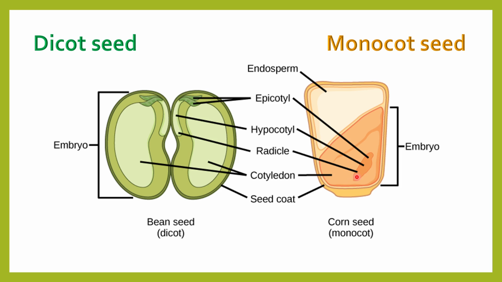This is the radicle, hypocotyl and epicotyl in the monocot seed, and these are the radicle, hypocotyl and epicotyl in the dicot seed. Especially we can see that there is an endosperm in the monocot seed. So now we will go into big details about the dicot seed and monocot seed, the differences between them.